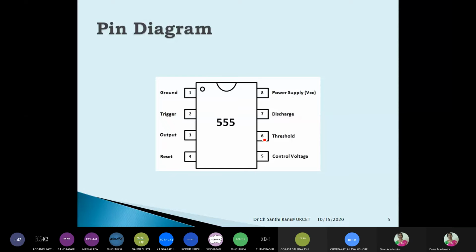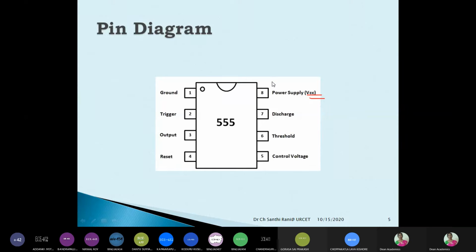Pin number 6 is threshold, and pin number 7 is discharge. That means charge and discharge terms are applicable to a capacitor. If you connect any capacitor here, this provides discharge path, and then the power supply VCC. So how much voltage can we apply to this 555 timer?